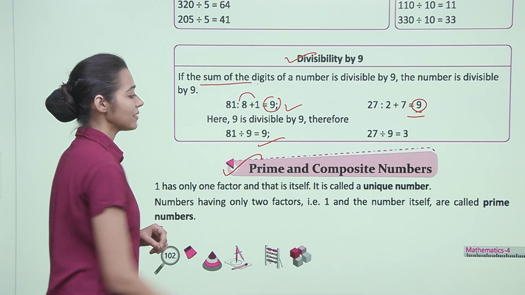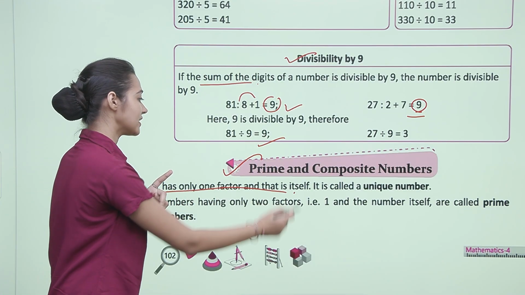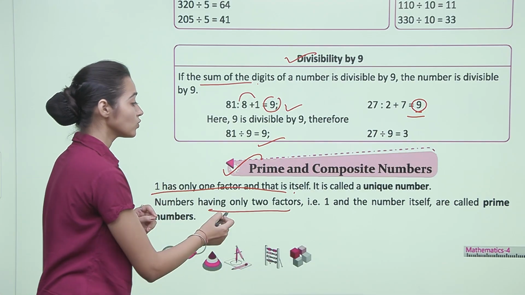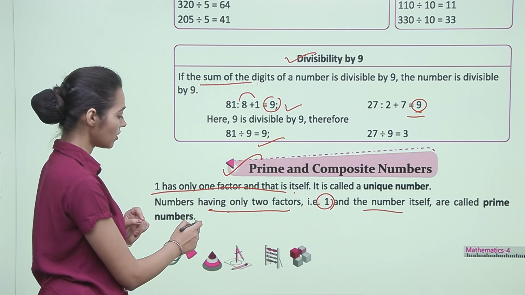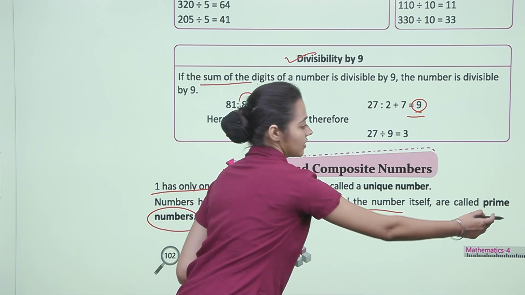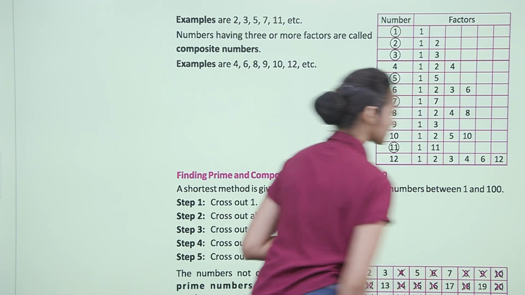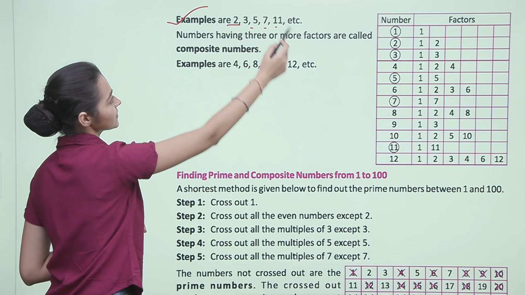Now let's start with prime and composite numbers. One has only one factor and that is itself, it is called a unique number. Now numbers having only two factors, that is 1 and the number itself, are called prime numbers. Examples of prime numbers are 2, 3, 5, 7, 11.